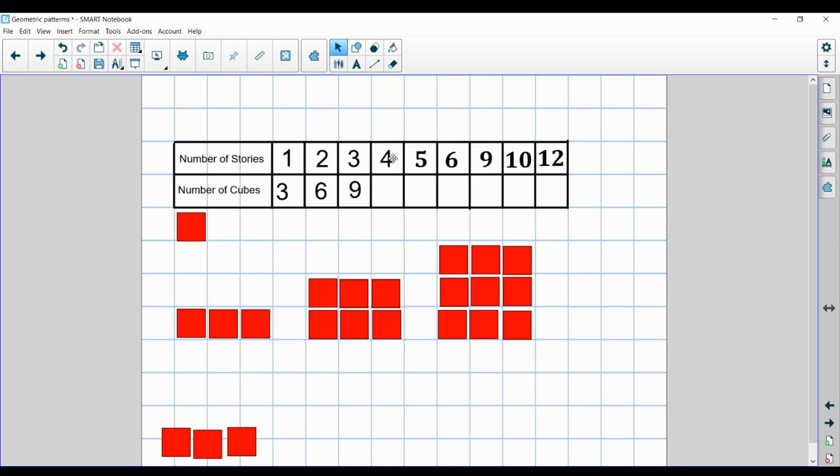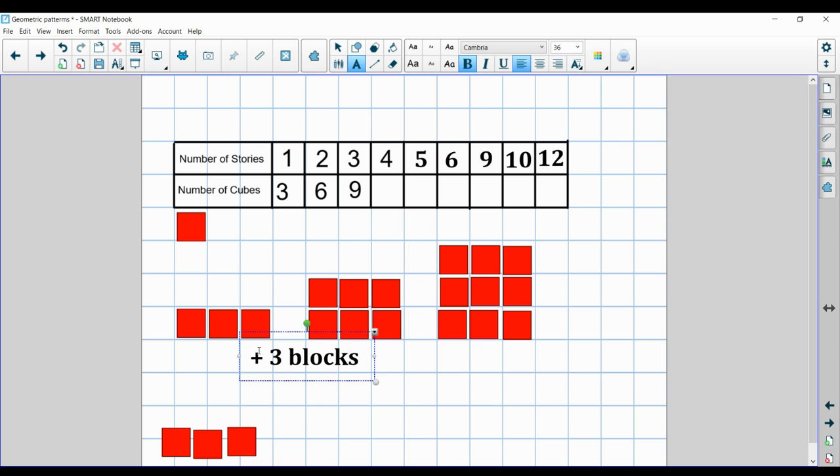My question is, how many are going to be in 4 stories? Each time, if you notice, I'm adding 3 blocks for each story. So I'll add that here: add 3 blocks each time.